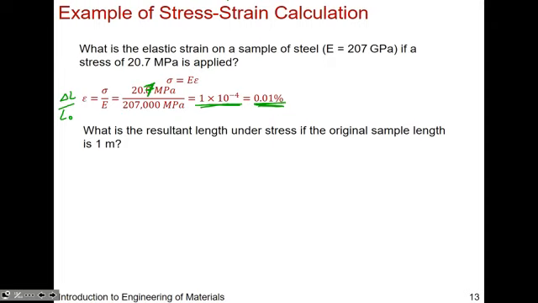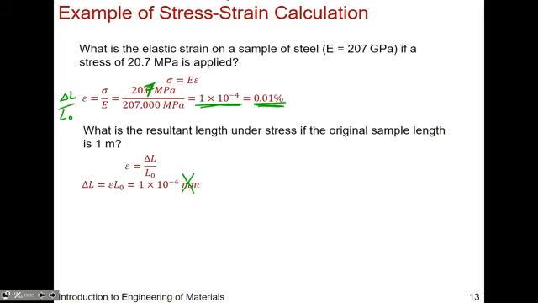Now we can also calculate the resultant length under stress if you know the starting material. So you've taken your caliper, you've taken your ruler, and you know, okay, I start off with 1 meter, and I know the elastic strain. Now I can calculate the length. First of all, this should be in meters, sorry.